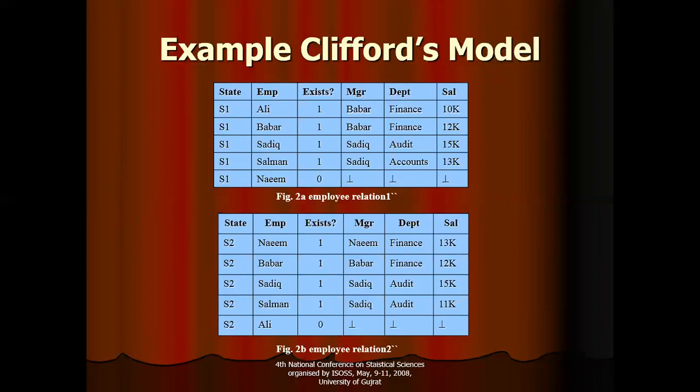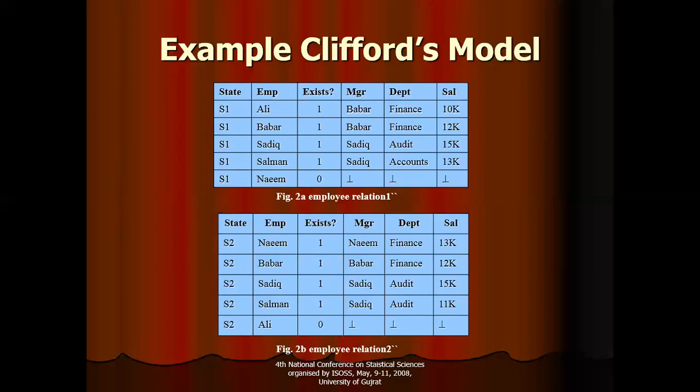For example, in the first instance, you can see the first diagram, that is 2A. All these values are represented as state 1. So you can say that at the given state S1, Ali does exist, the manager is Barber, he belongs to the finance department, and his salary was 12K.